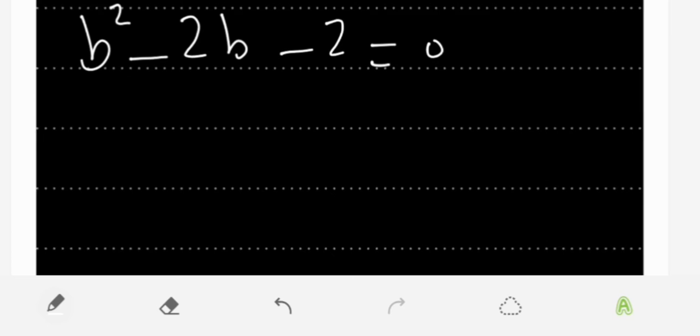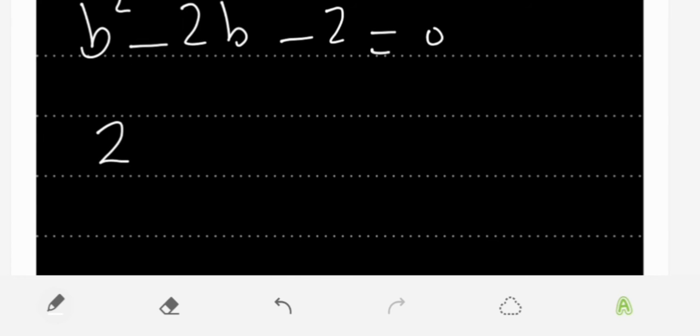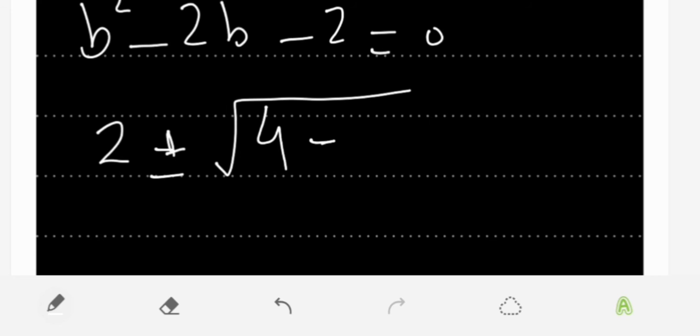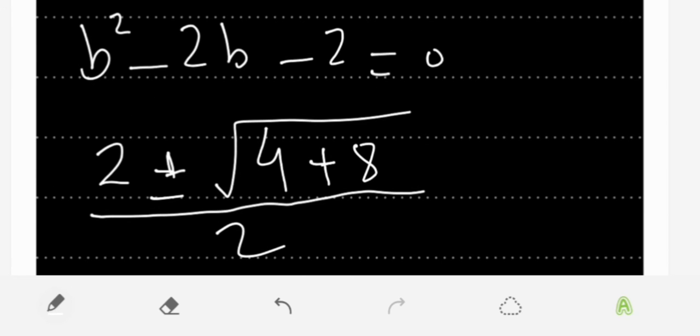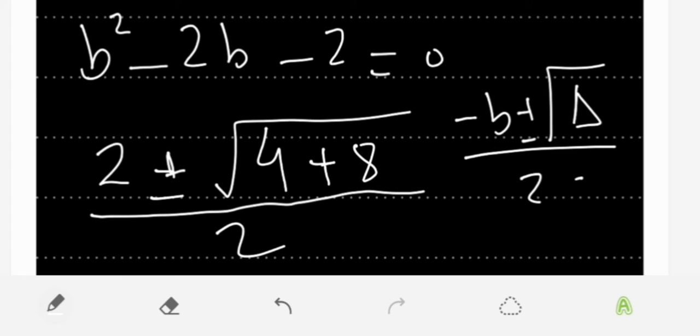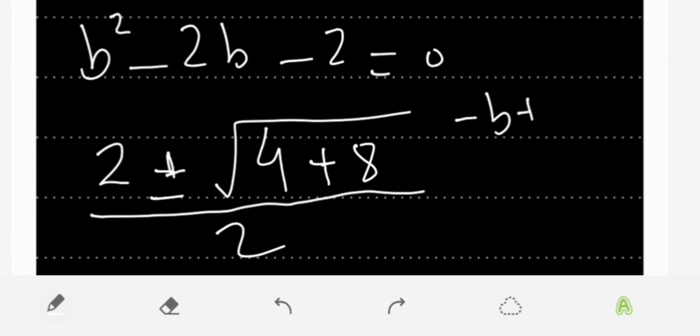You see, we are going to find two answers over here. 2 plus or minus the square root of 4 minus, now 2 multiplied by 4 is 8, and it is plus over here, divide by 2, right? I just used the formula minus b plus or minus, also divide by 2a. Okay, a is 1 and delta is this part over here. So nothing special.